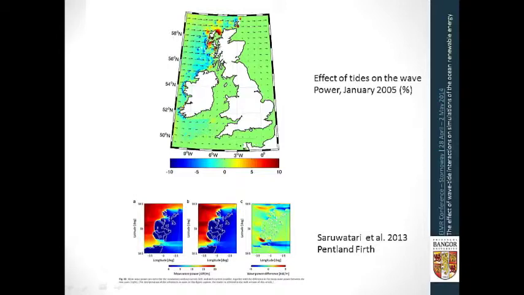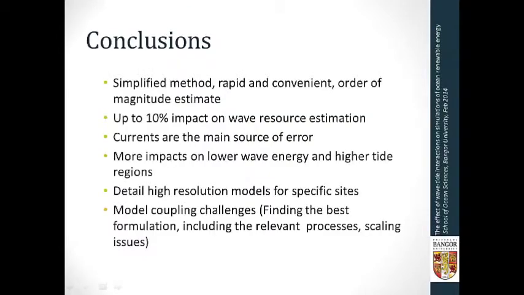So in summary, what we argue is that the interaction of waves and currents, specifically in the UK shelf seas, and in that region, specifically north and northwest of Scotland, and also Pembrokeshire, is important.